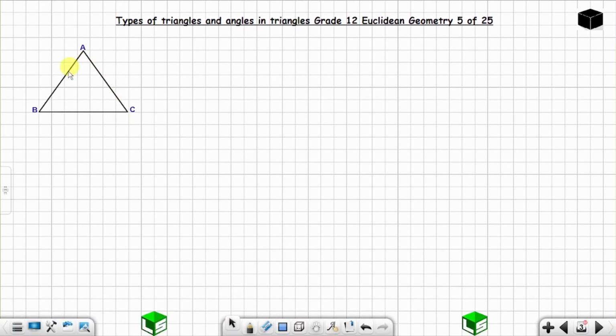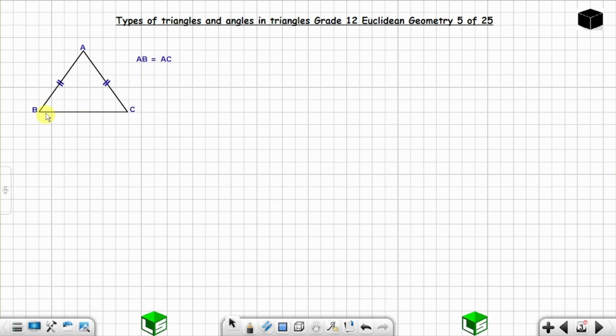Okay, you are given this triangle, triangle ABC, and this side is equal to this side. AB is equal to AC.